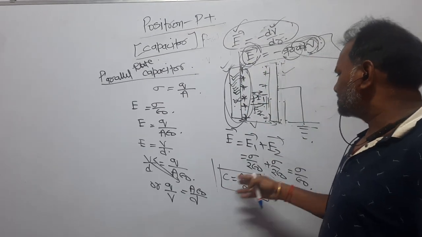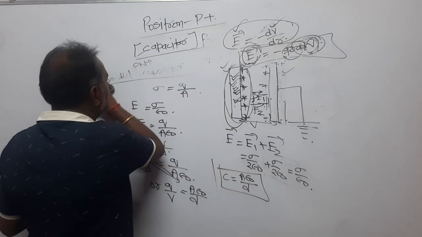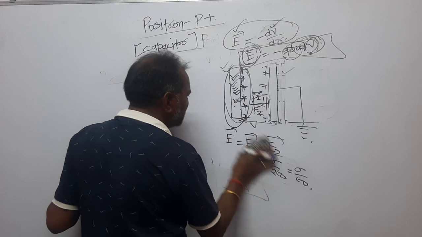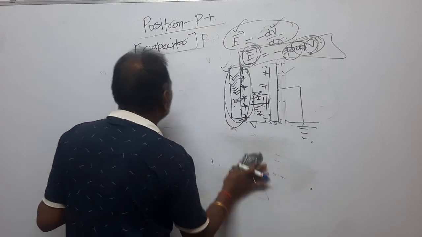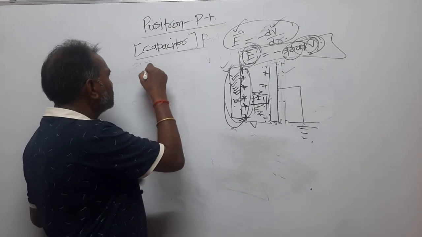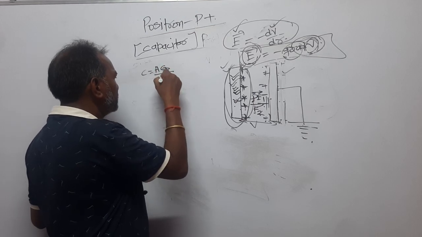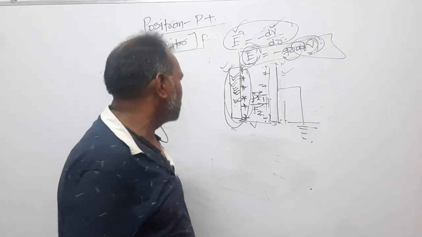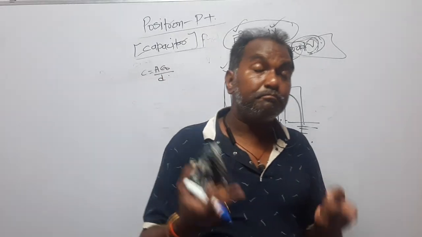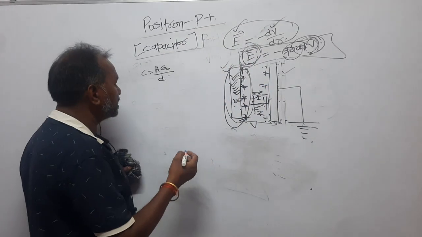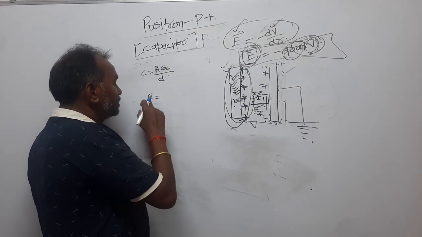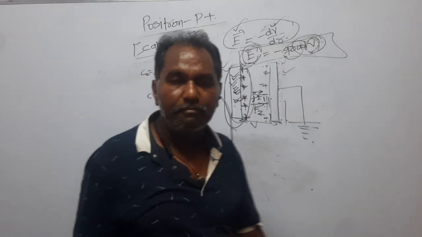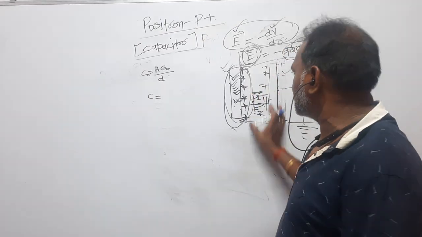And so that is C is equal to epsilon naught upon D. This is the capacitance of a parallel plate capacitor. Now dear student, look here. You got that C is equal to epsilon naught upon D. If a dielectric is completely filled and has the dielectric constant K, then you can write C naught is equal to A epsilon naught upon D. It means it is an air filled capacitor like this.